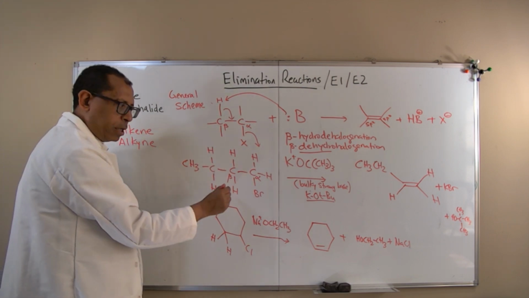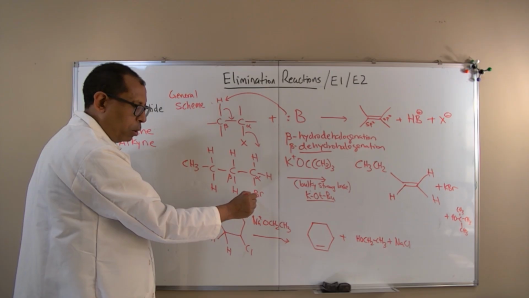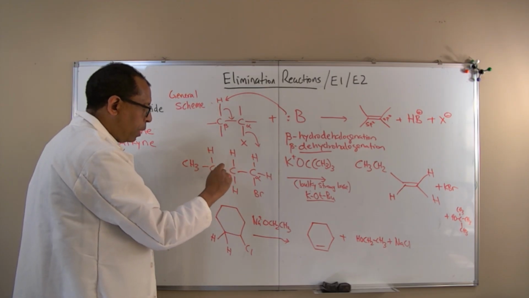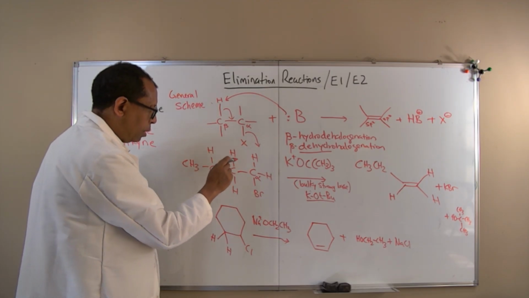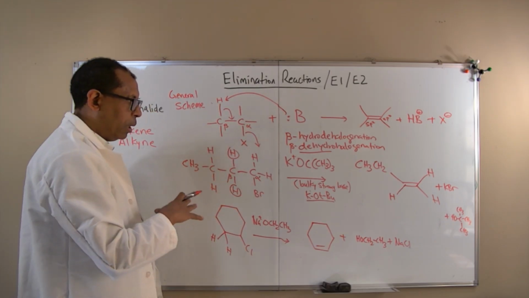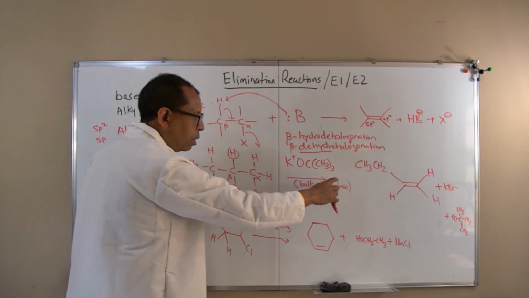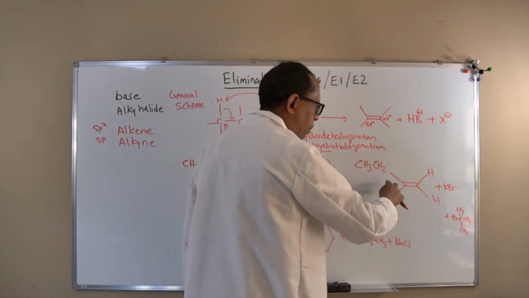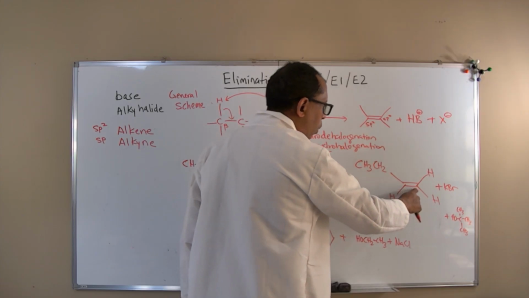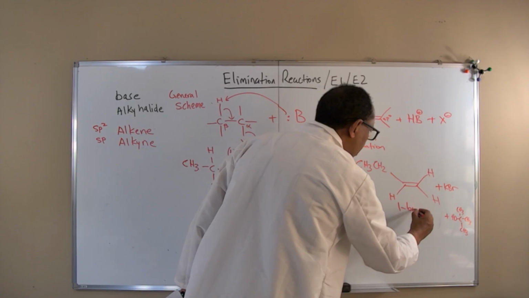We have everything set up: the alpha carbon has a halogen that would leave, and the beta carbon has at least this or that hydrogen that would be eliminated. When the elimination reaction happens, you would form this compound, which is 1, 2, 3, 4, a 1-butene.